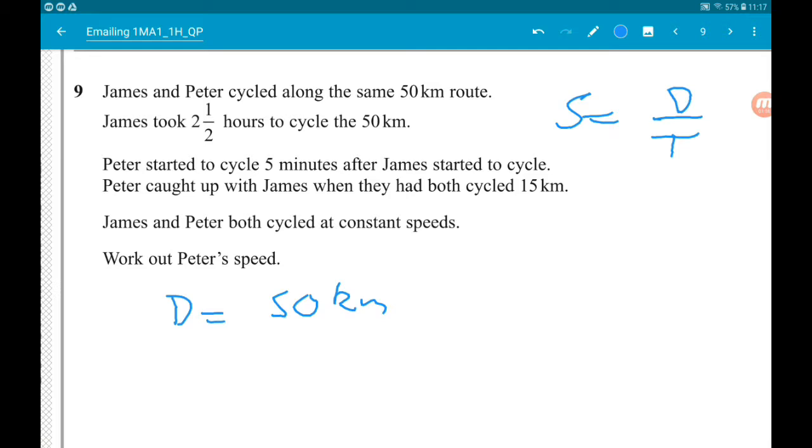Okay, so what can we do? Well, first of all, we can work out James's speed because he took 2.5 hours. So James's speed is 50 divided by 2.5.